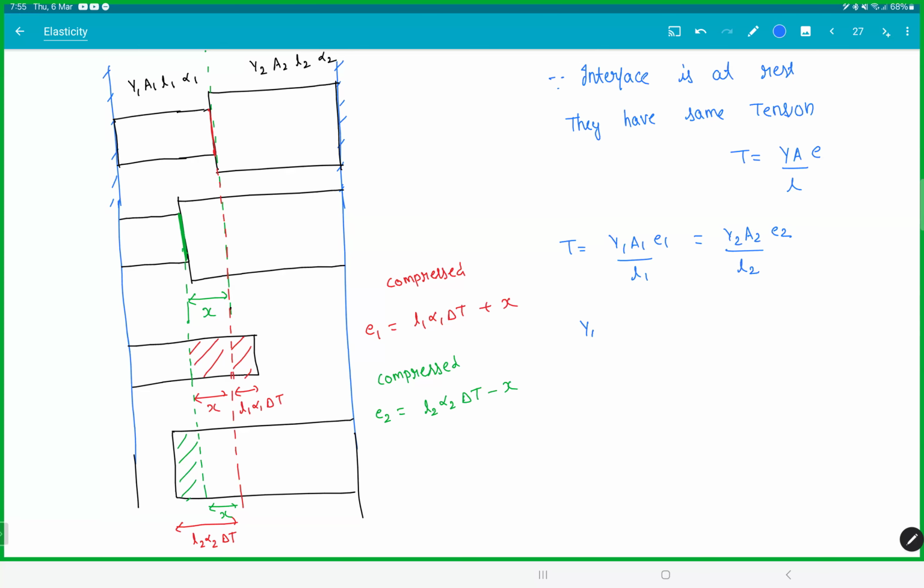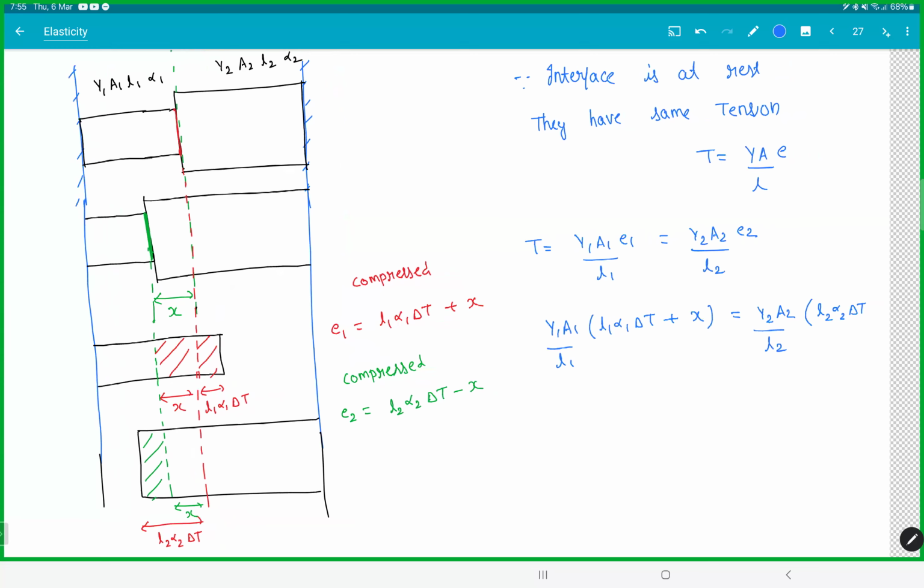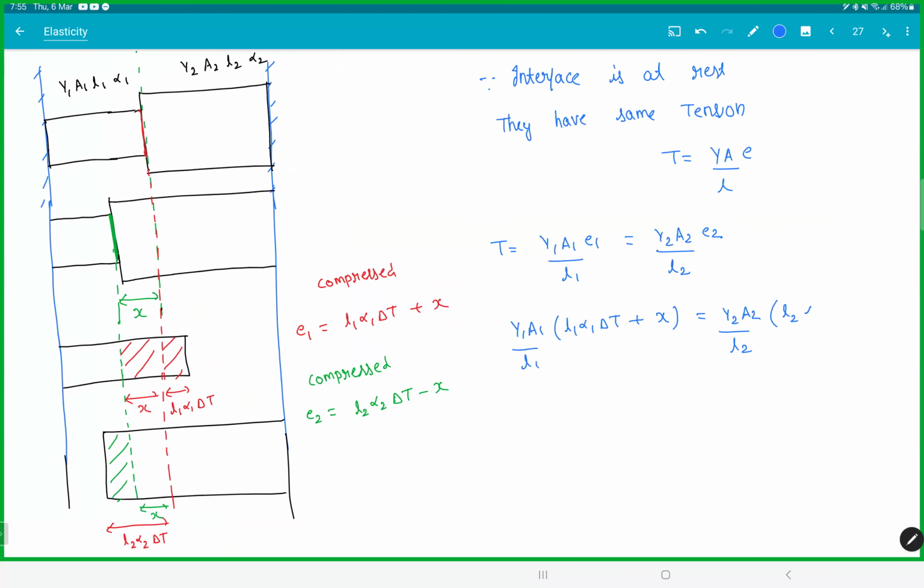So if you substitute here, this will be Y1 A1 by L1 times L1 alpha 1 delta T plus X equals Y2 A2 by L2 times L2 alpha 2 delta T minus X. So bring X to this side.